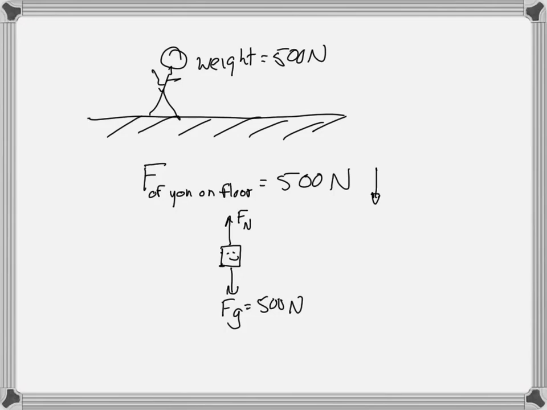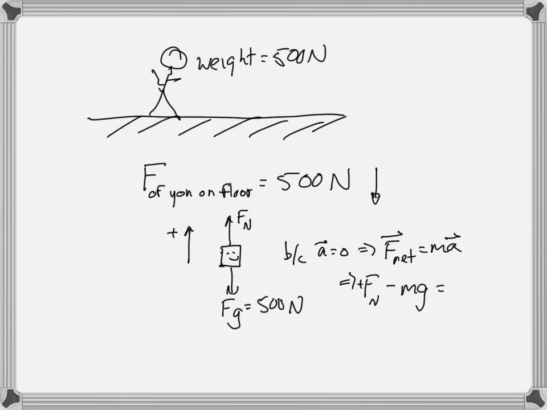And we see that because a is equal to 0, therefore, if we apply F net equals ma, and we do this properly and we choose a positive direction, let's choose up as the positive direction, we get Fn minus mg is equal to 0 because acceleration is 0. So therefore, the normal force on you is equal to mg. That comes from Newton's second law, not Newton's third law. The normal force on you is mg.